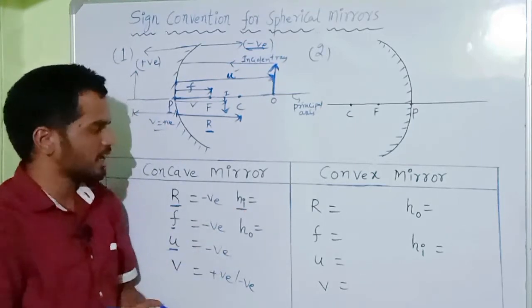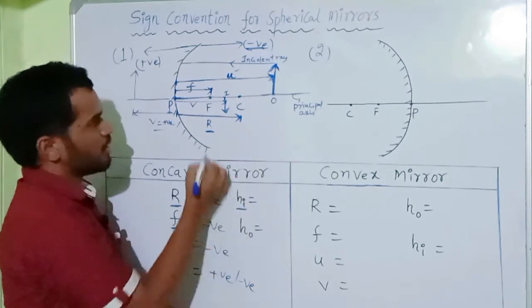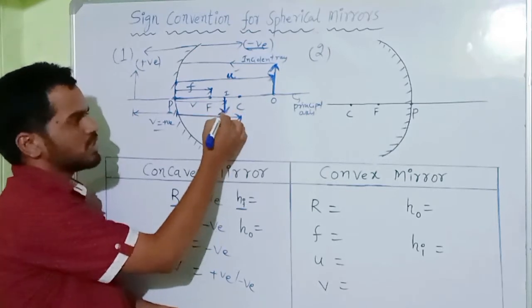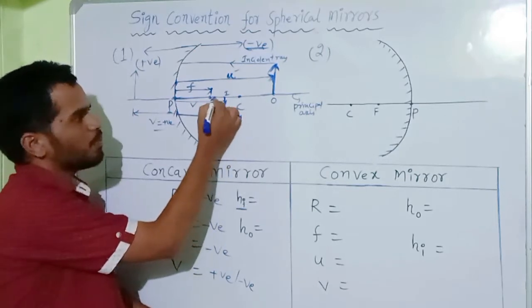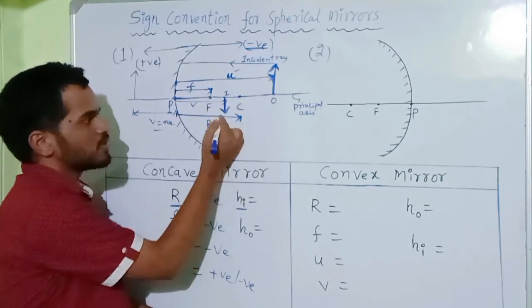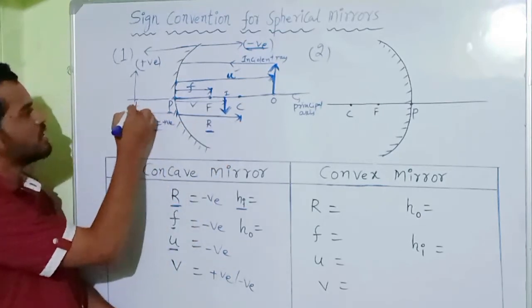Let us apply sign convention for the height of the image. Observe here, the height of the image. If you observe, the image is inverted, meaning it is formed downward to the principal axis. This is also an image.